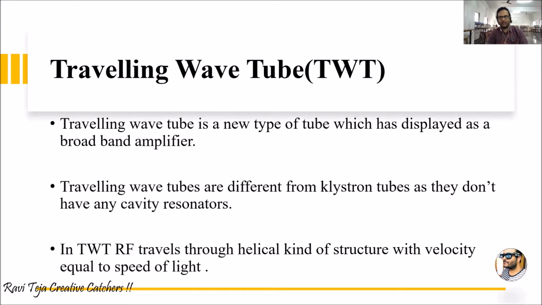Whenever we have seen klystrons, we have seen single cavity and double cavity klystron tubes, right? Where the signal used to pass and get generated. But here in a traveling wave tube, this tube does not contain any cavities or cavity resonators for the traveling of the signals.